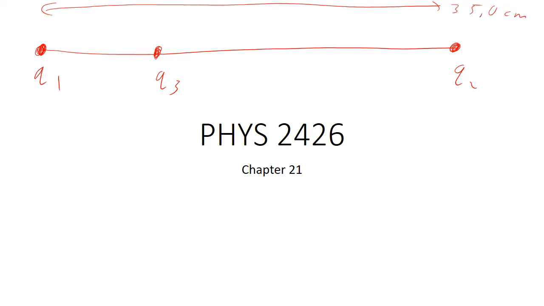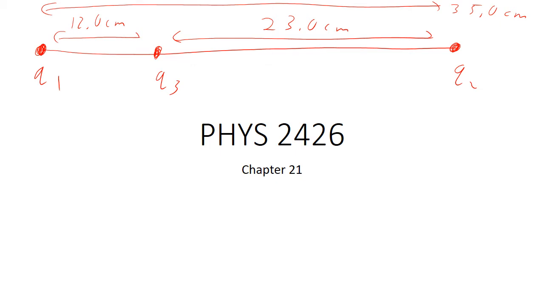Let's say that Q1 and Q2 are a distance of 12 centimeters apart. Well, that means it's real simple math that it's going to be 23 centimeters apart for the Q2 and Q3.